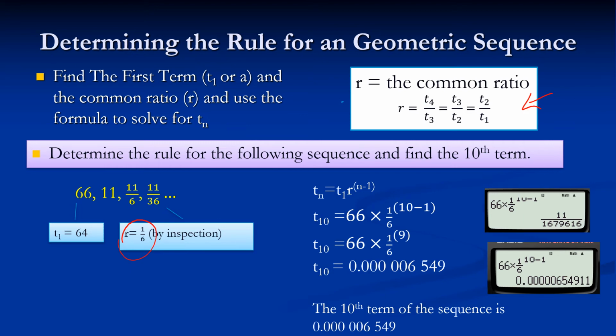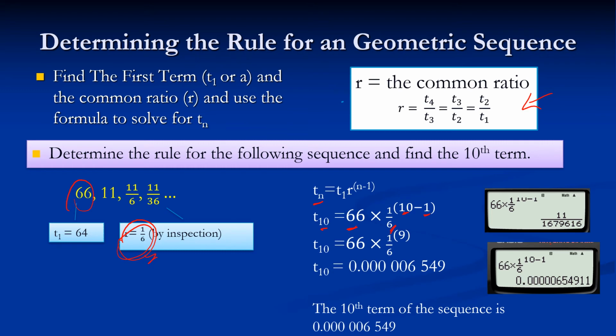Okay, once we have determined the rule, we know the first term and we know the common ratio, and now we can just substitute in to the formula. So what do we say? The 10th term is the first term multiplied by the common ratio, which is 1/6, to the power of that term number minus 1.